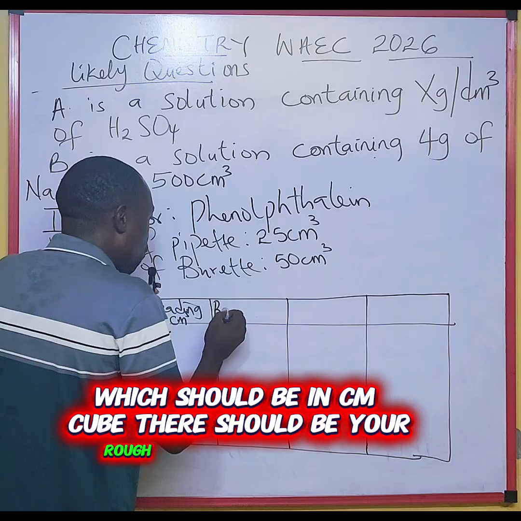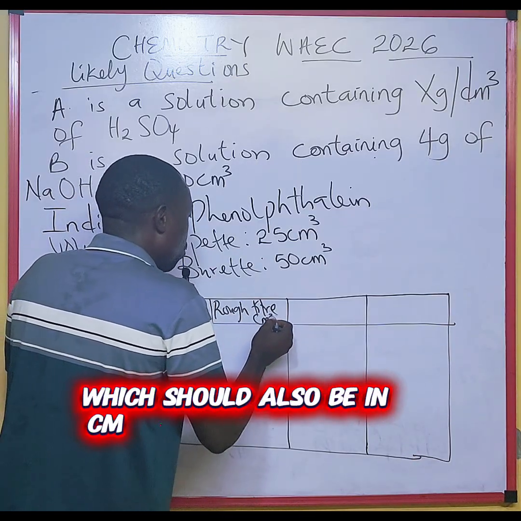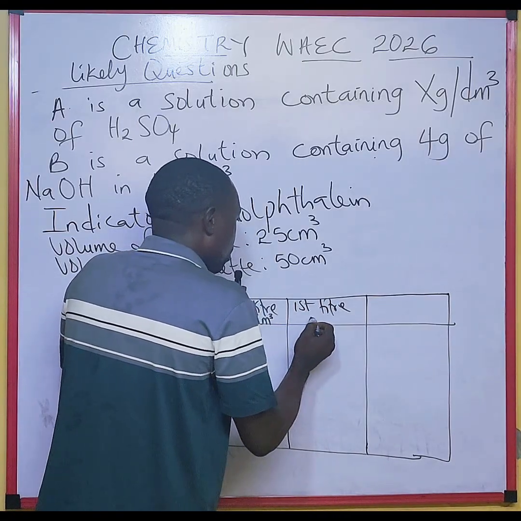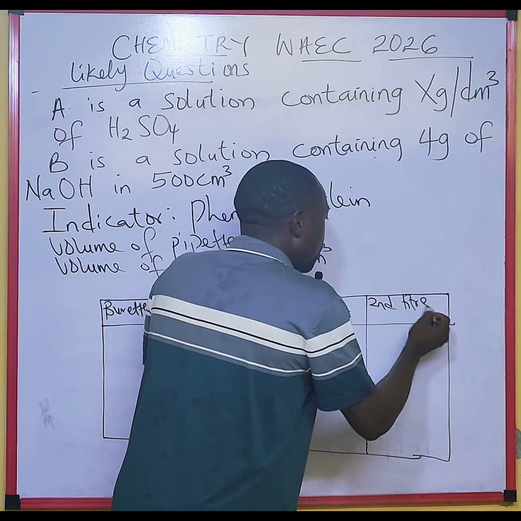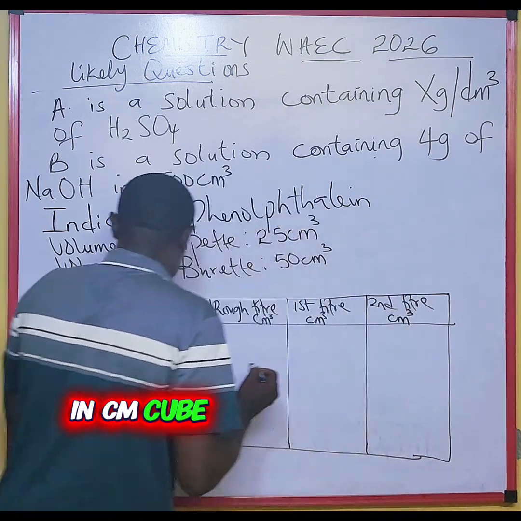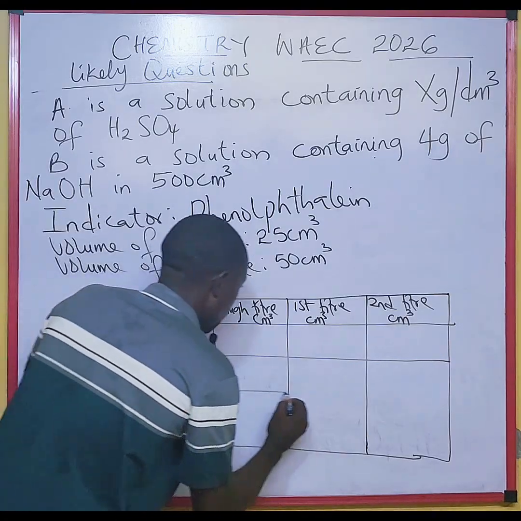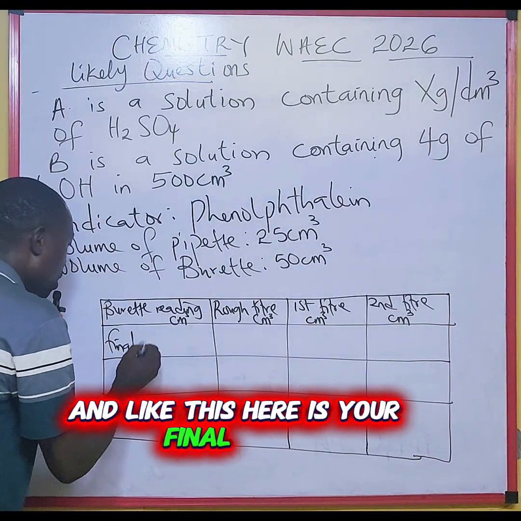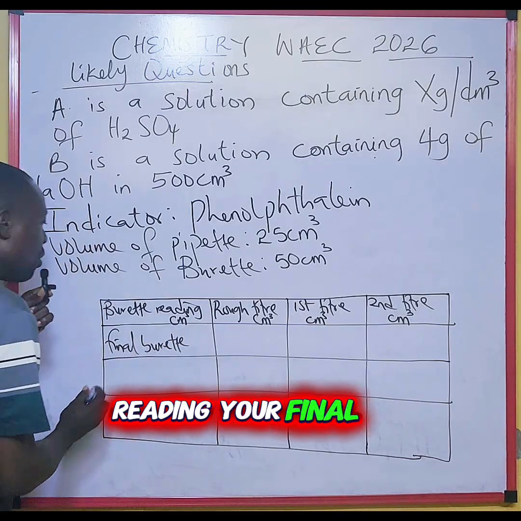Here should be your rough titre, also in cm cube. This should be your first titre in cm cube, your second titre in cm cube. Here is your final burette reading.